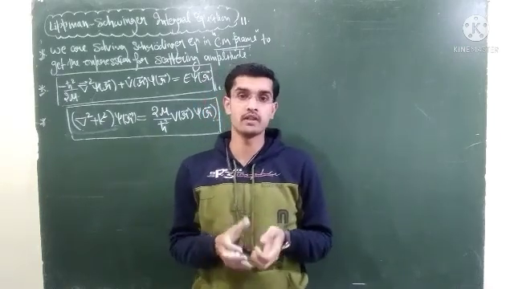Now we operate this operator on this function. It is just to differentiate this function two times, and if you do that calculation you will get minus q square. You operate this operator on this function two times, and you get minus q square.